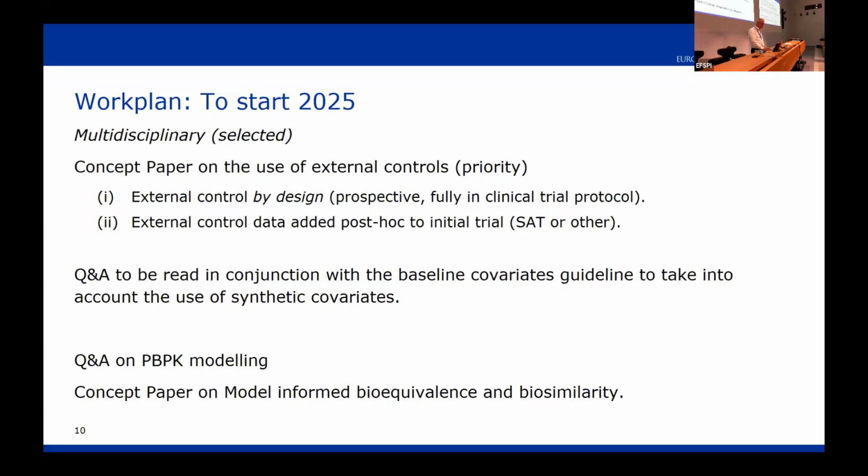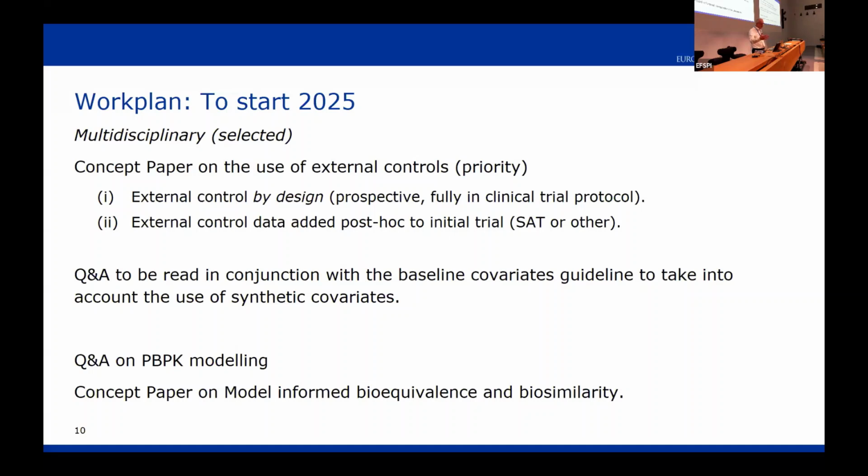But we think this is, given the feedback, but also our own assessment, of high priority. The second one also is not a totally guideline, but a Q&A on the new development we see in terms of synthetic covariates. We discussed the Procova proposal last year. That kind of also triggered this thinking. We need to address any new issues that we see that are not covered in our current guidance to cope with this.